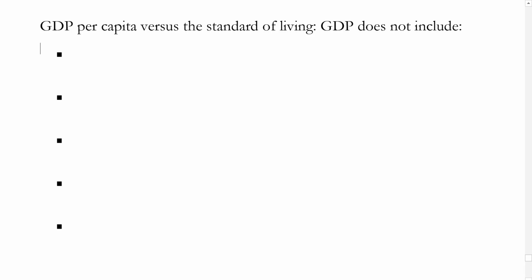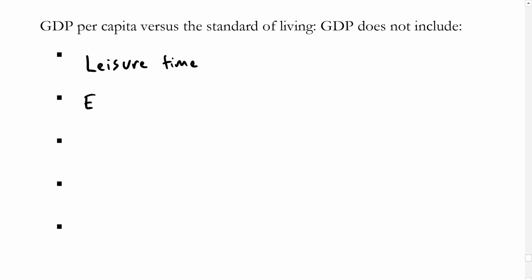So a number of possibilities here. We can think of a few. One is just simply leisure time. So as we've developed economically as a nation, we spend less time working and more time with leisure, more time going on vacations, people retiring slightly earlier. That's not captured in GDP, but it is something that contributes to a high standard of living, quality of life.